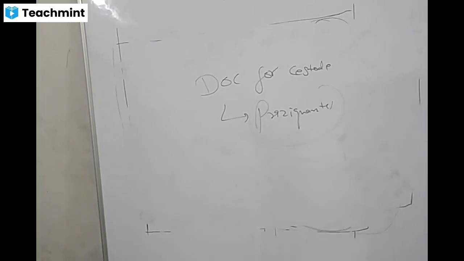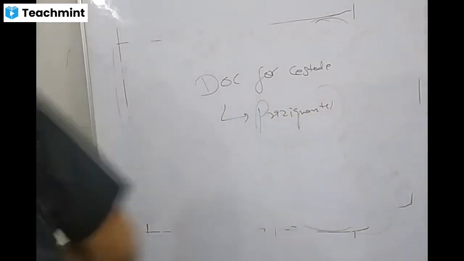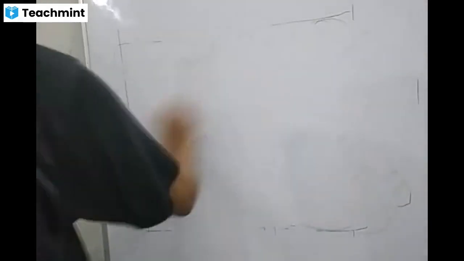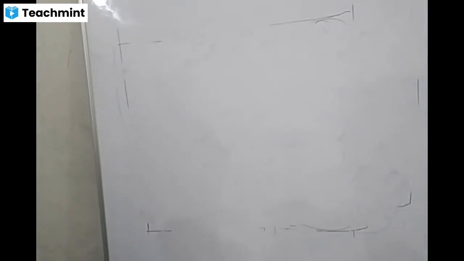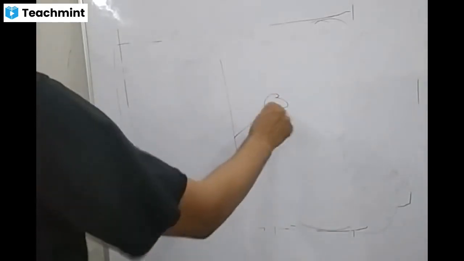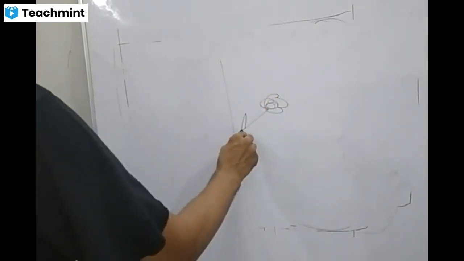And so, rose thorn shaped hooks. Rose thorn hooks are present in your Dipylidium caninum, just like a rose. If this is the head, this is the plant of the rose. What comes out? These are hooks.